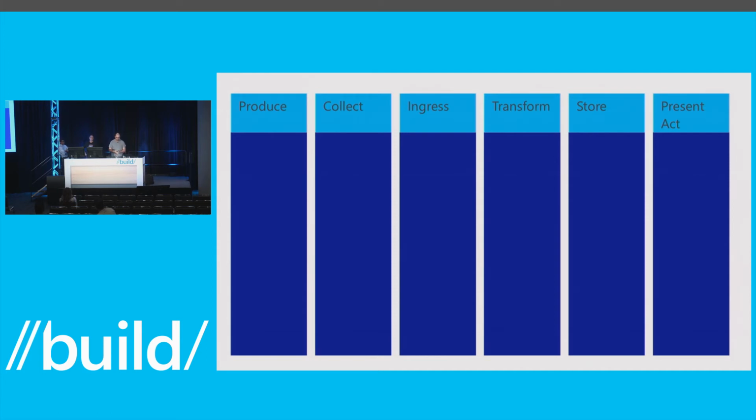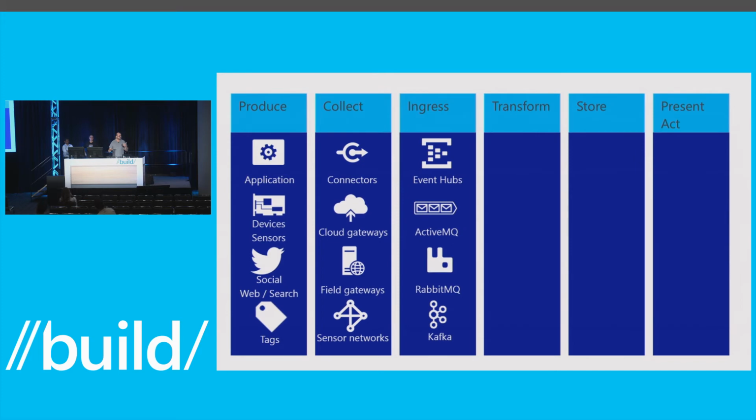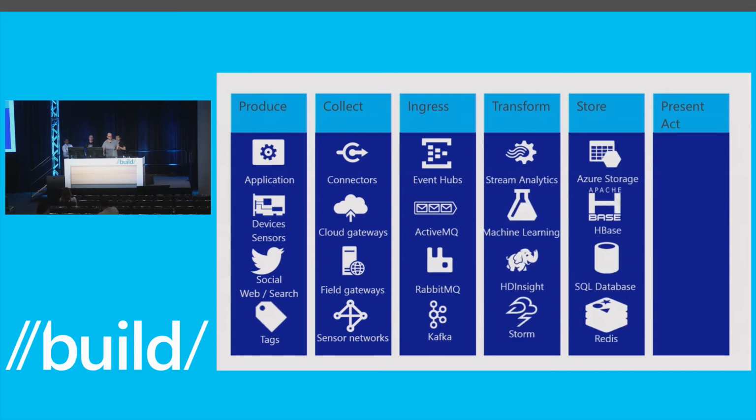Another characteristic is that there are many components that can fit into the various phases of an end-to-end project. You can see a variety of offerings there. Azure has developed many first-party services that fit into these phases, but at the same time, many open source projects can also fit into that.